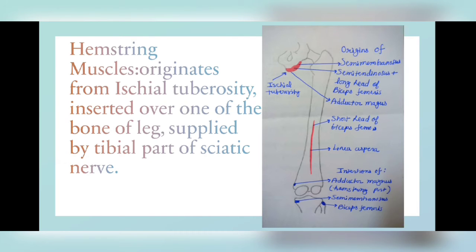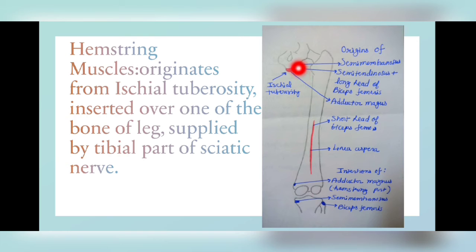This adductor magnus has 2 parts of origin. One part is called the ischial part. This is the ischial tuberosity. The ischial part of adductor magnus arises from the ischial tuberosity, and the adductor part of adductor magnus arises from the gluteal tuberosity, linea aspera, and medial supracondylar line.